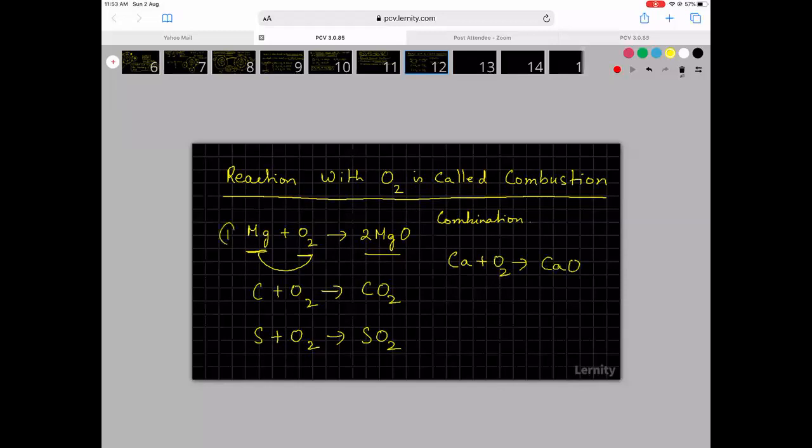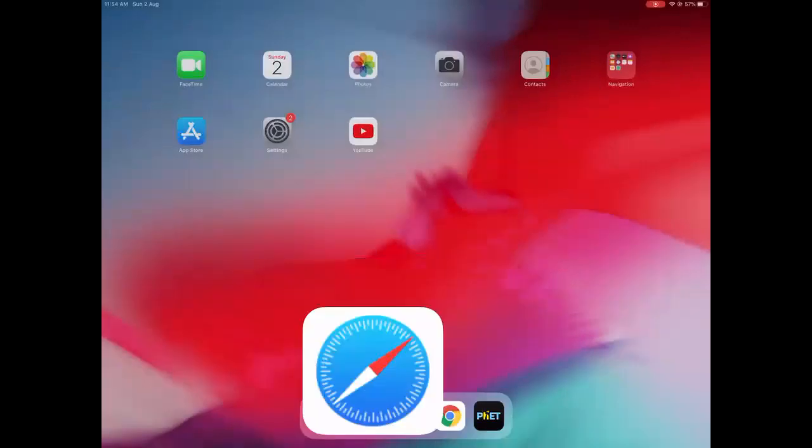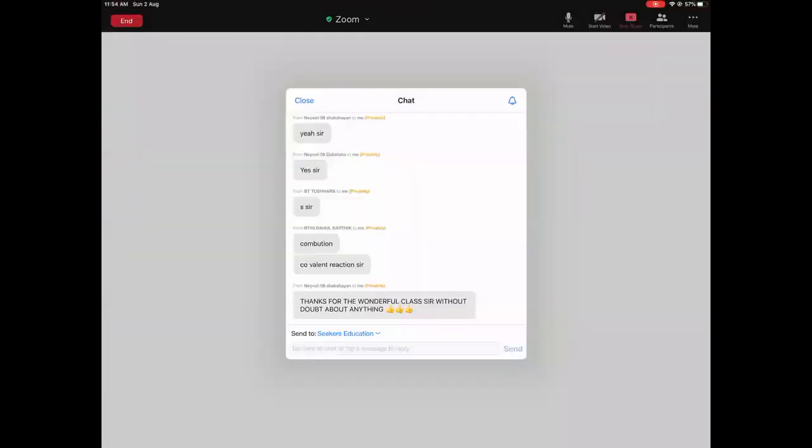I have equations 1, 2, 3, and 4. Can you tell me which of these 4 reactions result in the formation of electrovalent compounds?